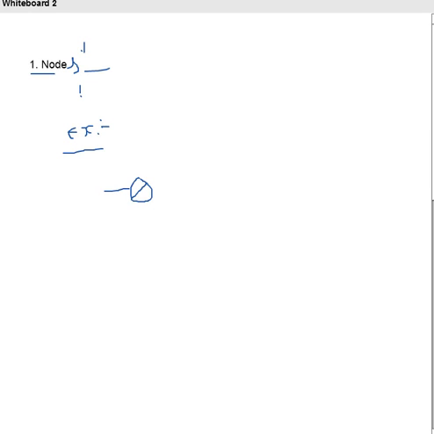This cross symbol is known as the summing point. The input is represented as R(S). Here it is plus, and the feedback is negative. The feedback signal is represented as B(S).